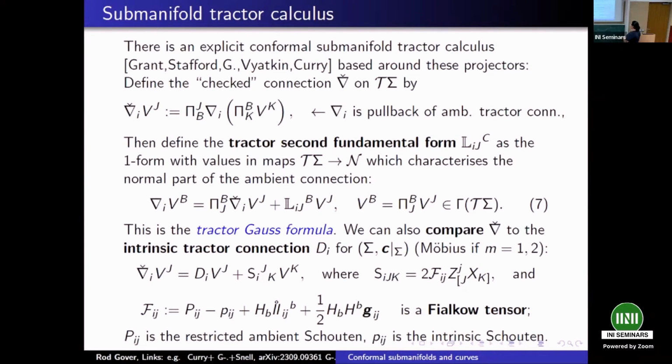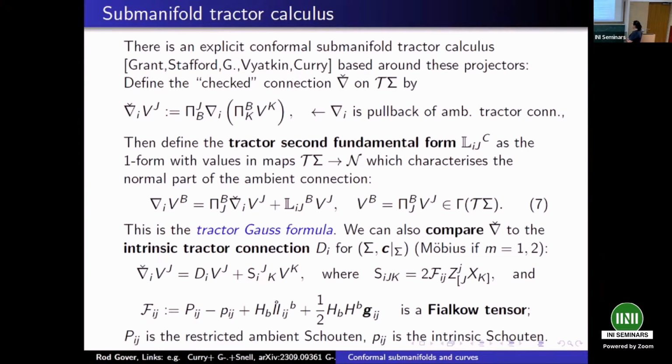The first thing you can do is to find what we call the check connection along the submanifold, which means you take the ambient tractor connection, apply it to tangential tractors, if you like, by putting those in the ambient tractor bundle using this pi, then you differentiate and then you project back, the obvious thing that you do with projected connections.